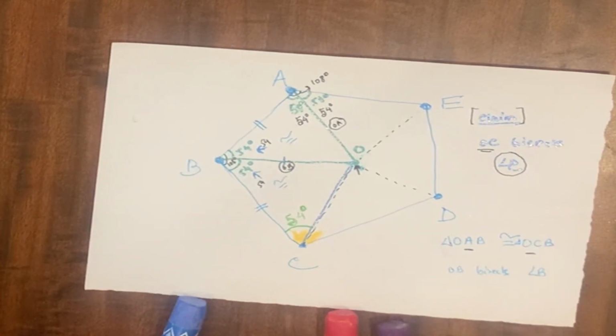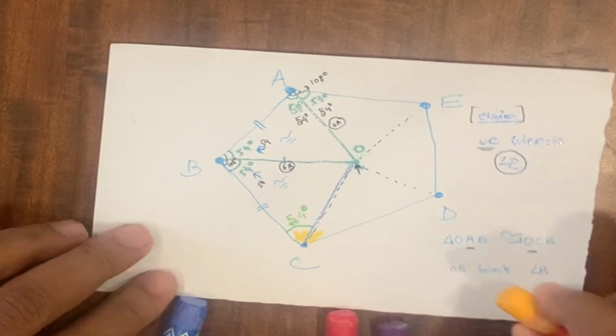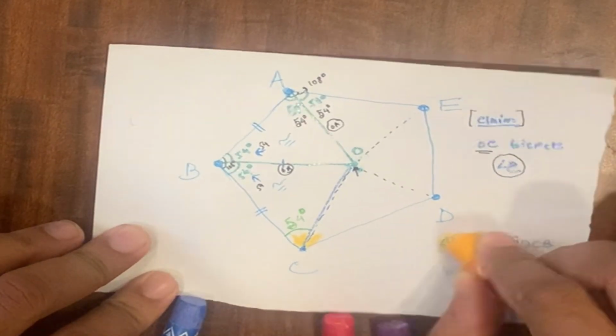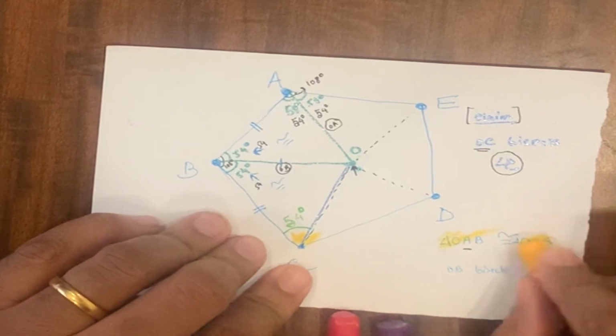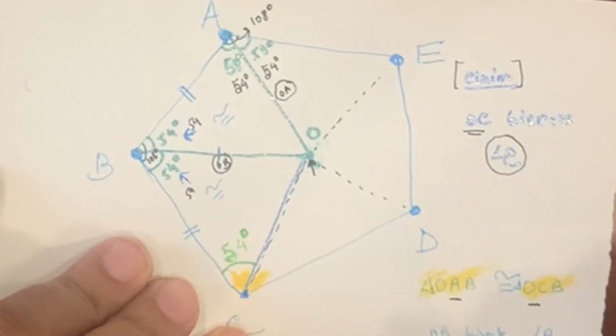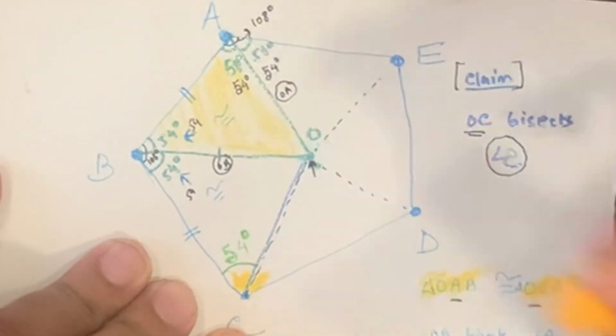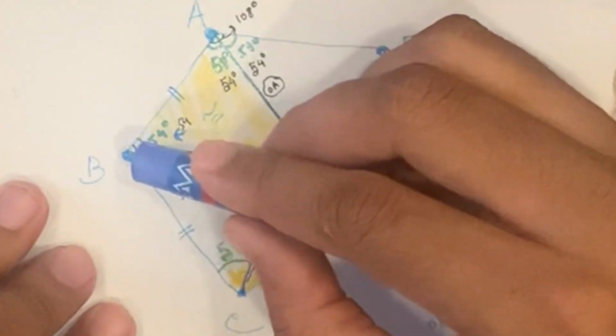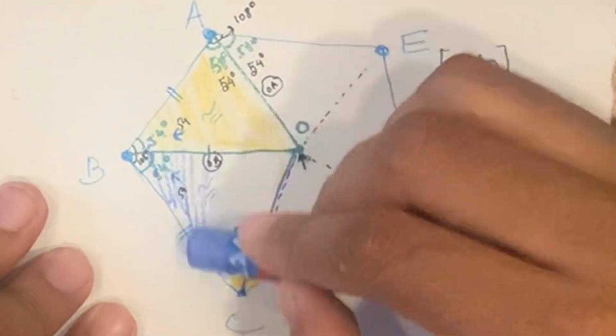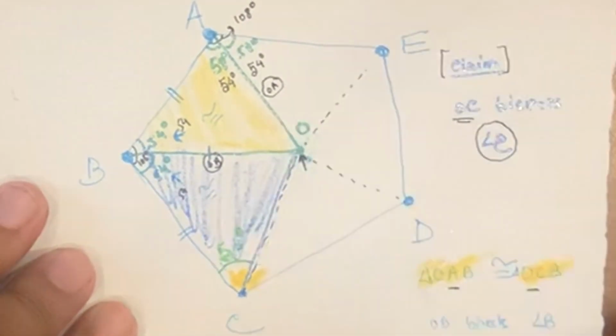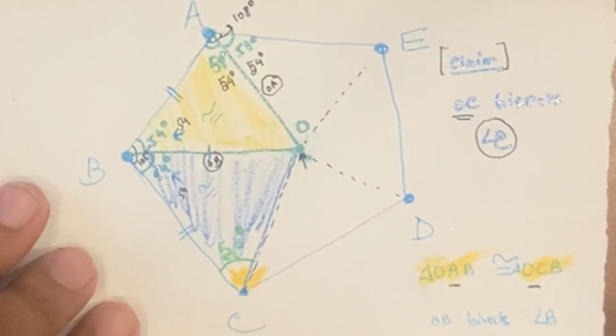It's quite simple. Try to show that triangle OAB and triangle OCB are congruent. So OAB is this triangle and OCB is this triangle.